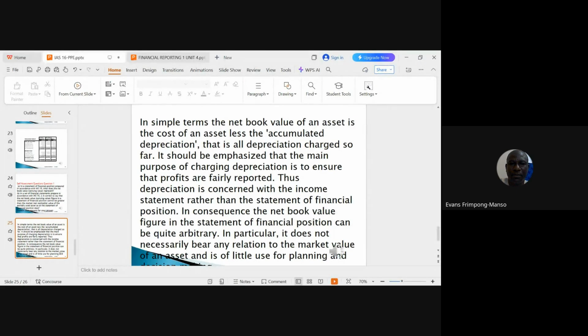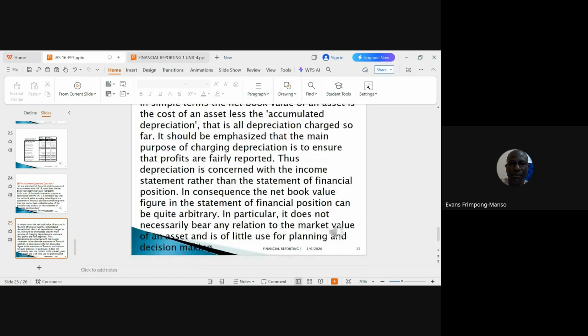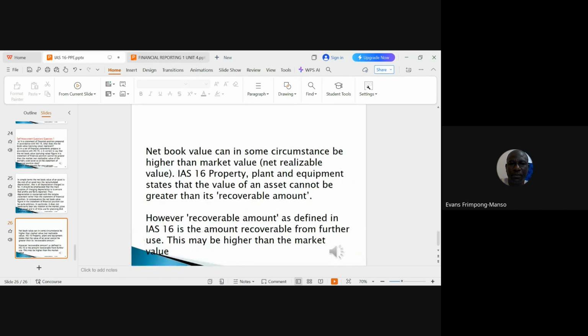In consequence, the net book value figure in the statement of financial position can be quite arbitrary. In particular, it does not necessarily bear any relation to the market value of an asset and is of little use for planning and decision making. When I make the slides available, you can go through and get more insights about the IAS standards.